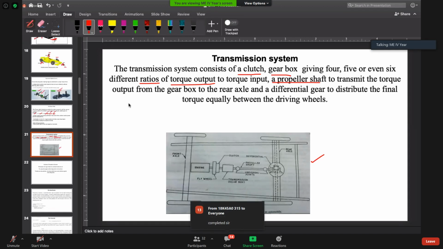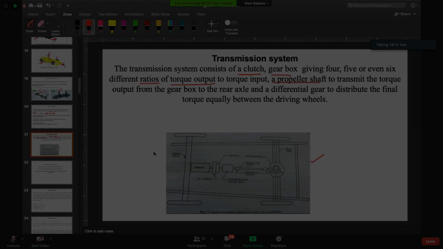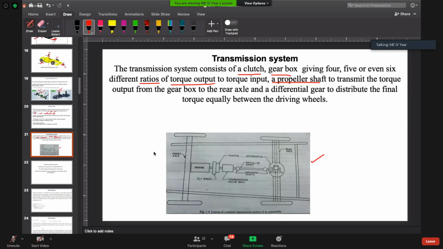Yes, 315. Can you send me the snapshot of what you have drawn? Or you are simply writing because sir is not able to see your notebook? If you have drawn this, 315, send the snapshot of what you have drawn to my WhatsApp. Let me verify your attendance.